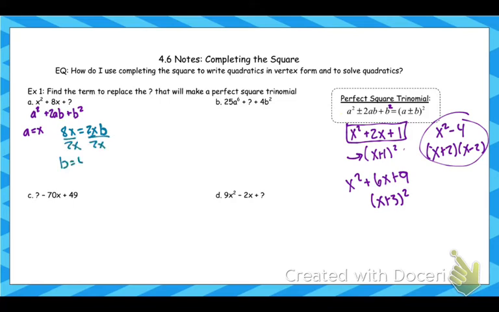So b is 4. Now what goes in the trinomial, though, is not b. What goes in the trinomial is b squared. b squared is 16. So x squared plus 8x plus 16 is a perfect square trinomial. It would factor into (x plus 4) squared because it follows that a squared plus 2ab plus b squared format.